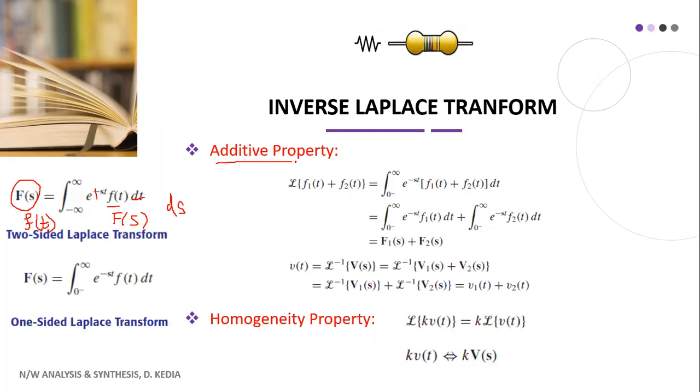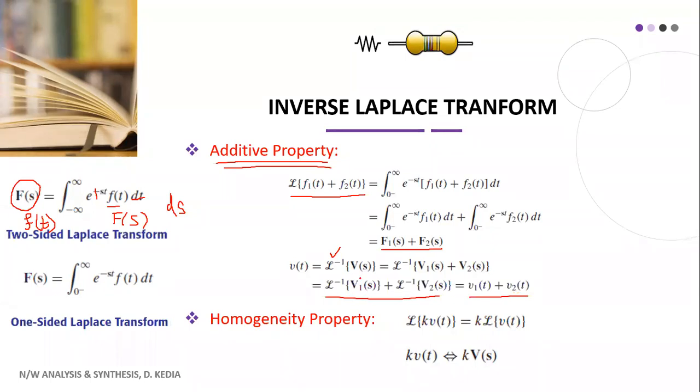The first property that we will use in inverse Laplace is the additive property, or you can say linearity property. The Laplace transform of f1(t) plus f2(t) will be F1(s) plus F2(s). So the inverse Laplace is represented as L inverse of V1(s) plus V2(s). This L inverse can be applied to V1(s) and V2(s) individually. This is known as the additive property, and you obtain v1(t) and v2(t).